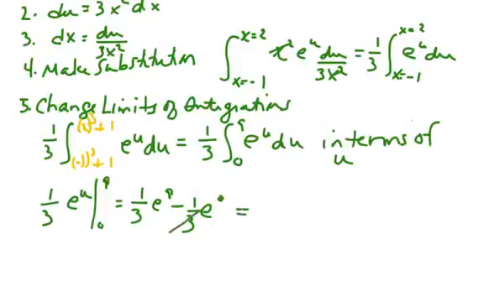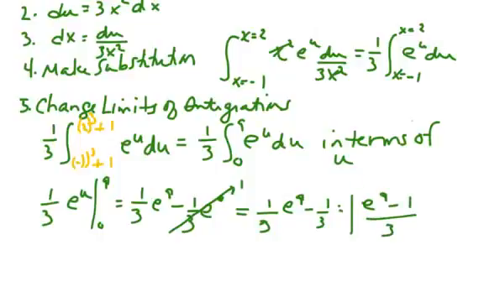And recall that e to the 0 is just 1. So I'm going to do a little bit of algebraic cleanup here. You could find a common denominator to put them back together, and that's going to be your answer. So that's the first approach.